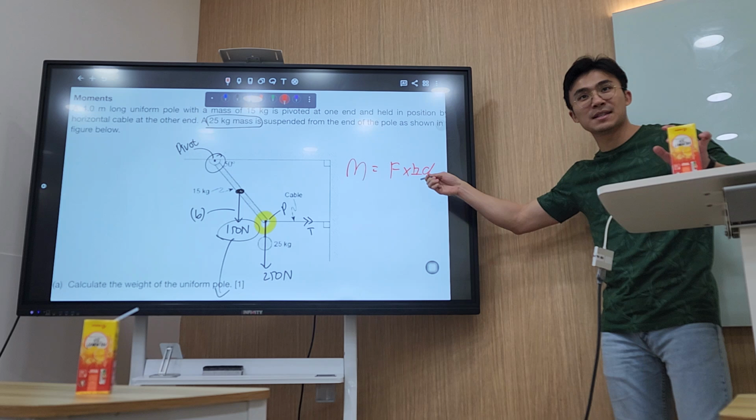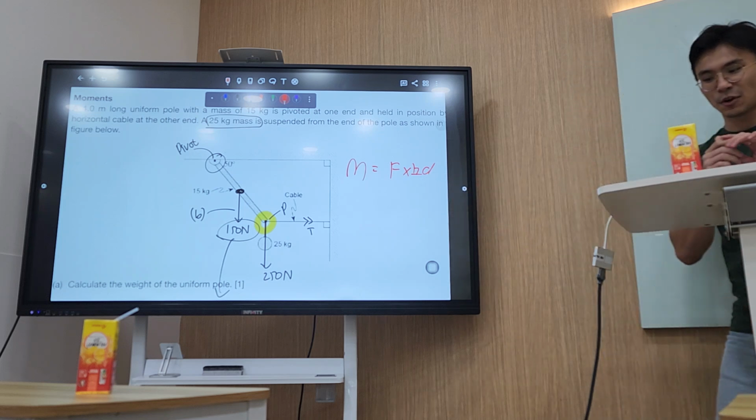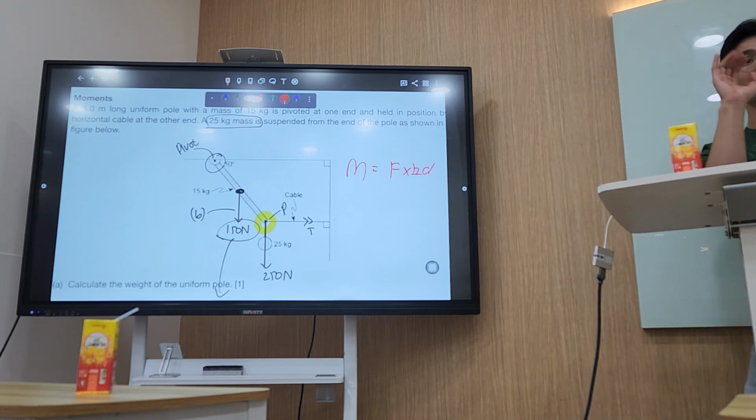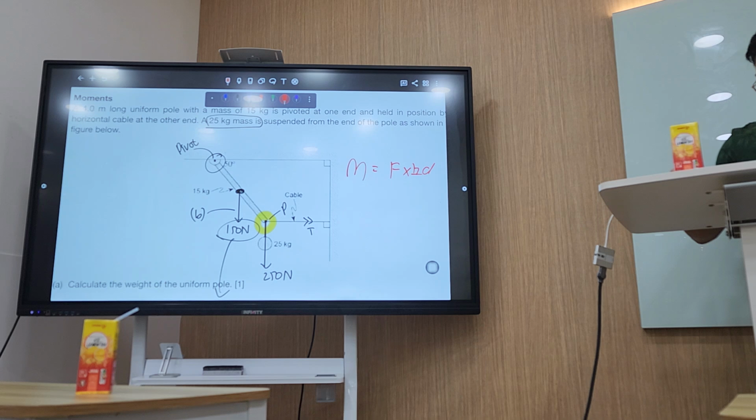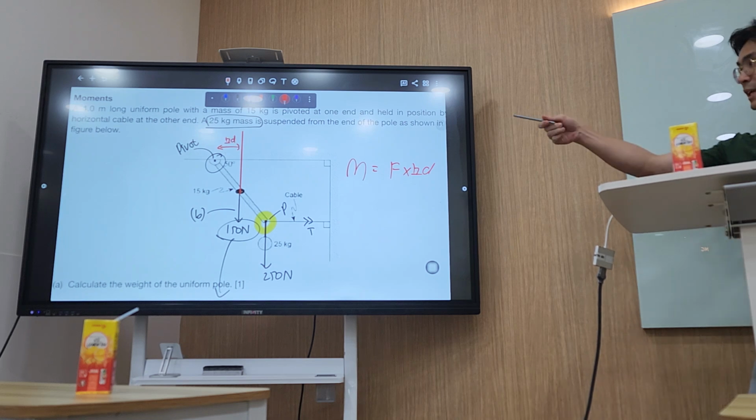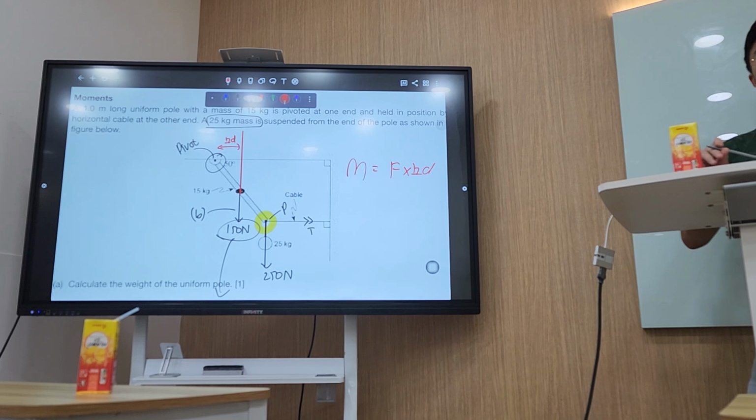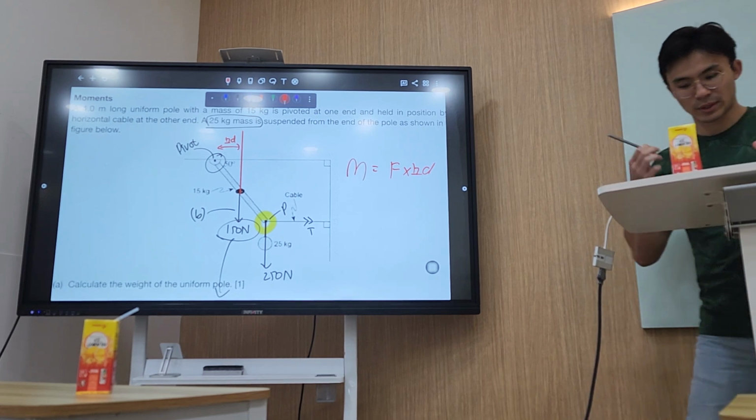This perpendicular distance is from the line of action of the force to your pivot. So for the line of action of the 150, I'll just draw an infinitely long line here. This is your perpendicular distance. Same thing for the 250 newton force. So use this knowledge, guys. Use this to help you.